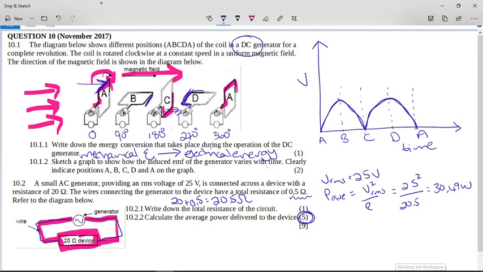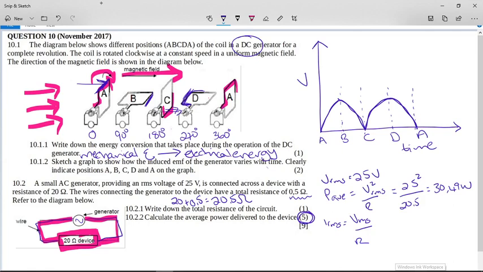So in order to find out how much of this power is used on the device and how much is used on the wires, we actually have to find the current. And once we've found the current, we can then figure out how much power is lost in the wires. So if we want the RMS current, we can work out the RMS current using the RMS voltage over the resistance.